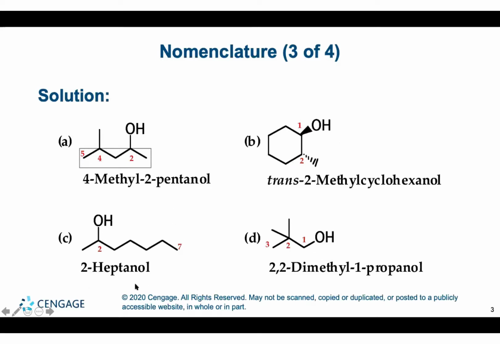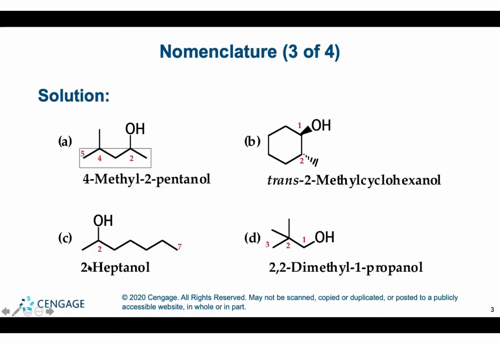What about the third one? We had it in the previous slides, right? So we start from the left side. So on carbon 2, I have an OH group. I should emphasize that I have an OH on carbon 2.